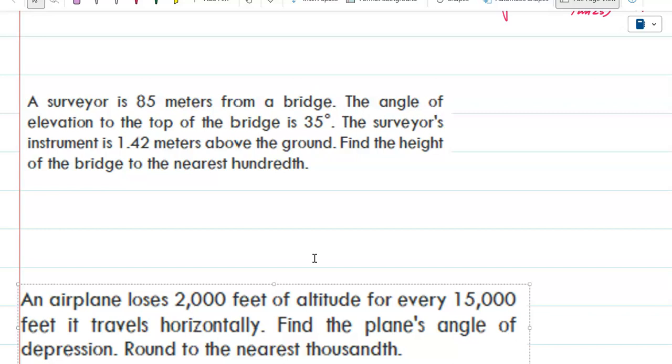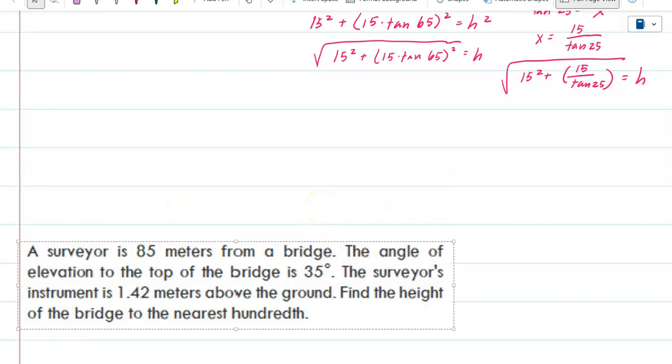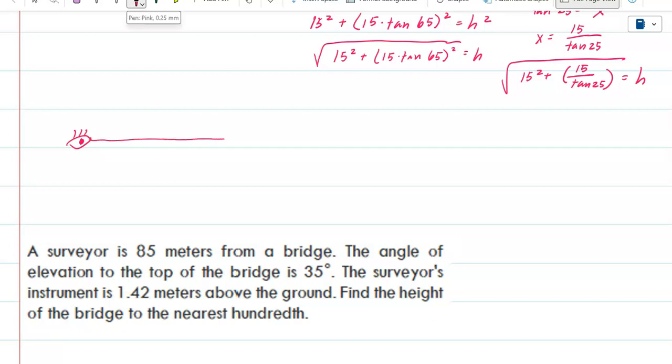Oh, before I get started, let's talk about angle of elevation and angle of depression. And I did this in both of the classes. Here's my eye. So usually an eye is looking straight across. Now, the angle of depression is the change from that when you look down.